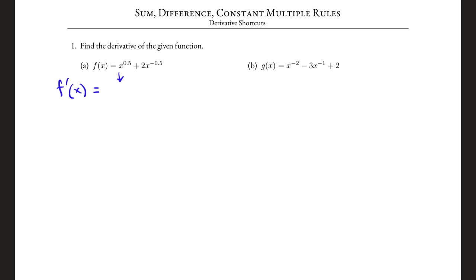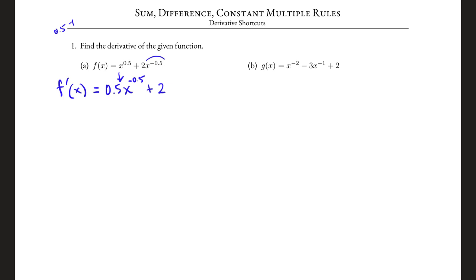The derivative of x to the 0.5 using the power rule: we bring down 0.5 x, and then we lower the power by 1. 0.5 minus 1 is negative 0.5. Plus 2, in this case, is the constant multiple, so we rewrite it times whatever derivative follows here.